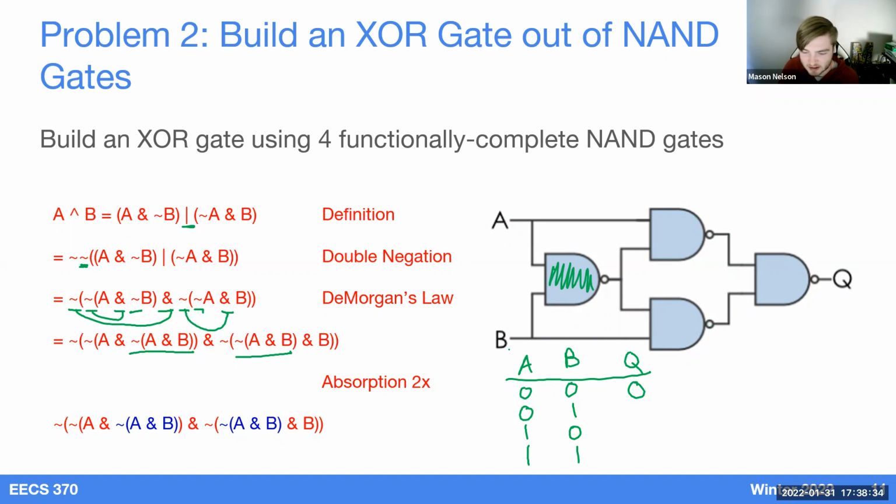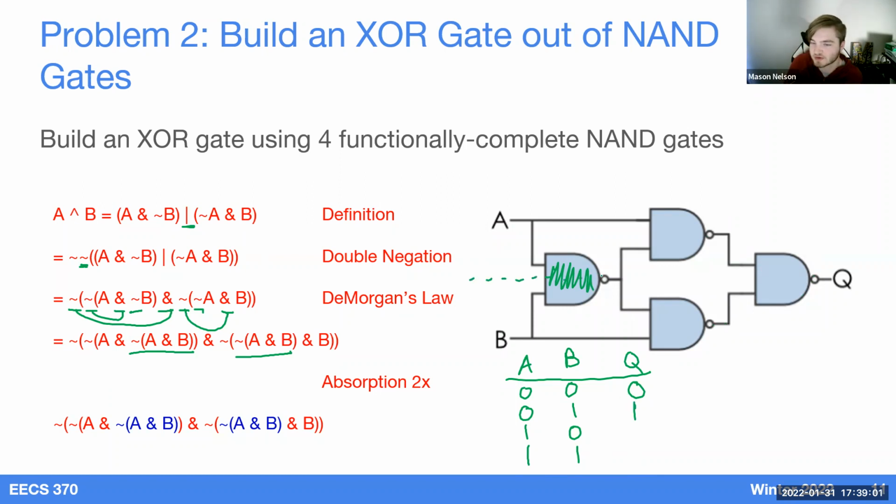So if A is a 0 and B is a 1, so this will stay at 1. This bottom NAND gate will now be a little different. So we have to look at actually this first one in order to figure it out. So A is still 0. So this NAND gate is going to be a 1. B is a 1. So 1 NAND 1 is 0. So here's a 0. Here's a 1. And so because this down here is a 0, this final NAND gate will be a 1. And so our answer will be a 1.